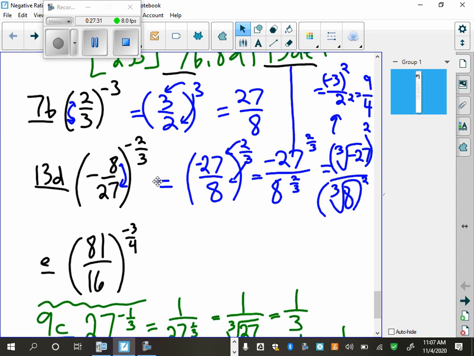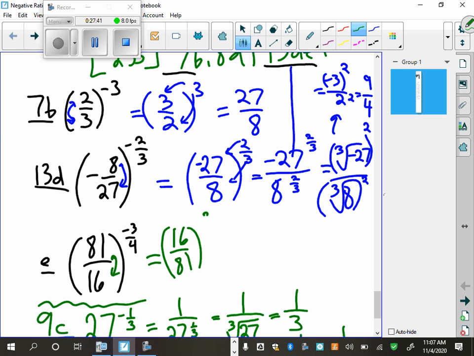Okay, next. Fourth root means, don't worry about the fourth root, just flip it. 16/81 to the positive 3/4. Now that you've changed the question, go ahead and fourth root the top and cube it. And fourth root 81 and cube it.